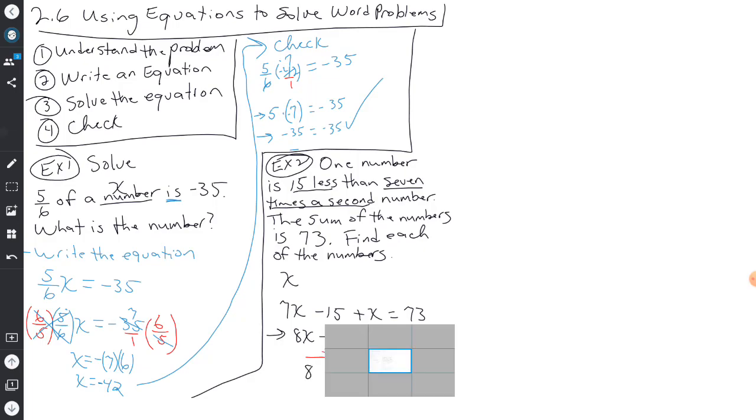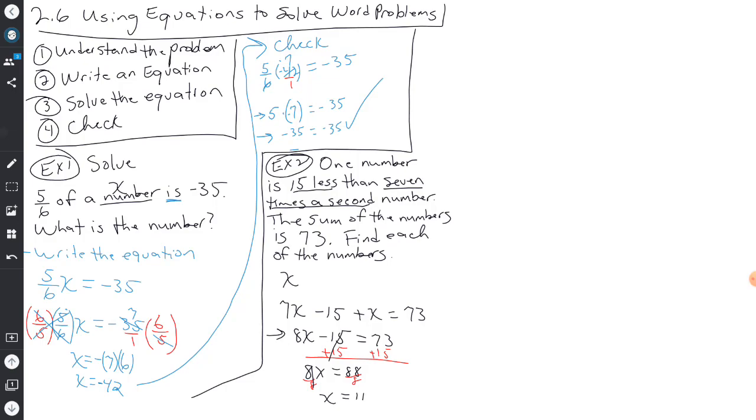And then we have 8x is going to be equal to what? 88. And then we can divide off the 8. So x should be equal to 11.